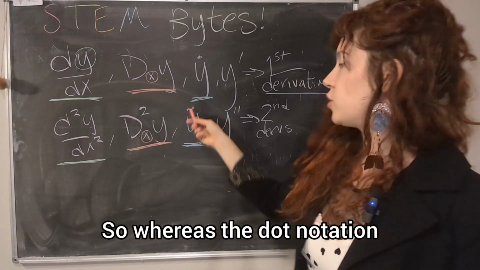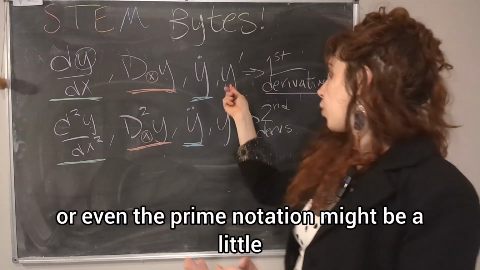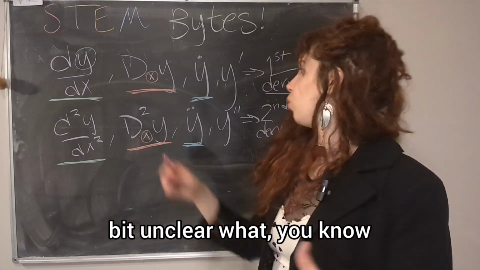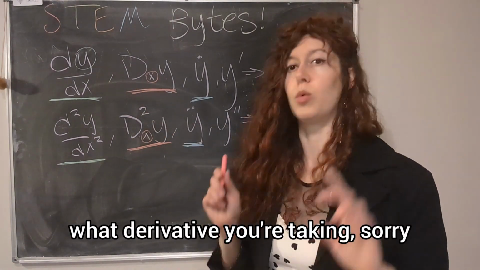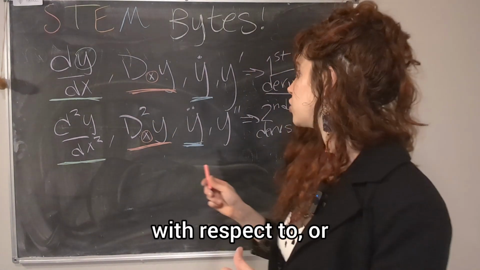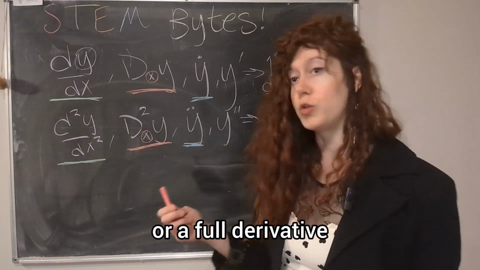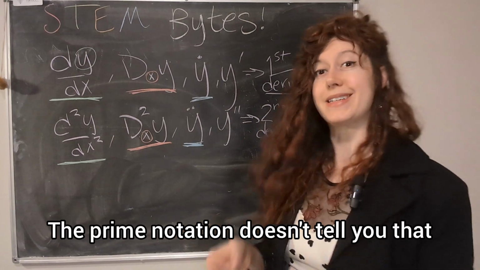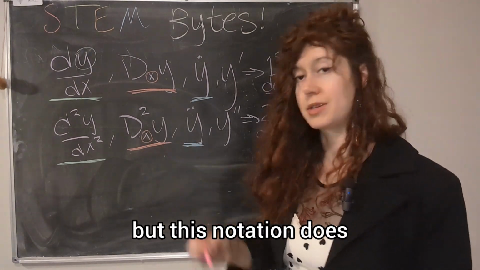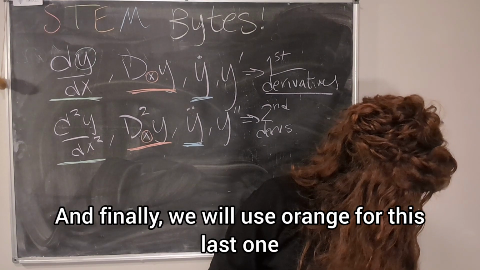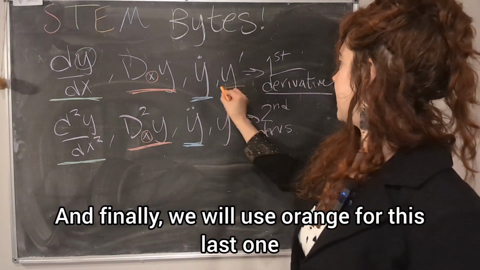Whereas the dot notation or even the prime notation might be a little bit unclear what derivative you're taking, what variable you're taking the derivative with respect to, or whether it's a partial or a full derivative. The prime notation doesn't tell you that, but this notation does. So yay for clarity.